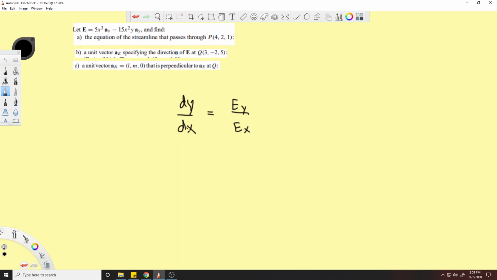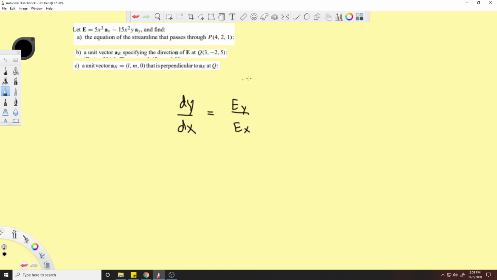The reason this is useful is because we can now set up a differential equation, solve it, and that'll give us an electric field line, and then we can plug in any point we'd like, and we'll be able to find the equation for the electric field line at that point.